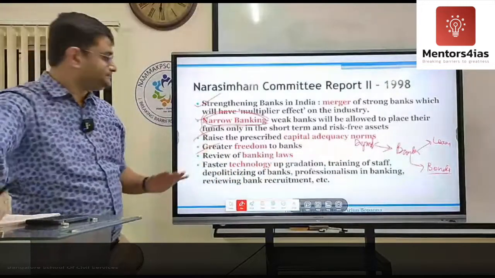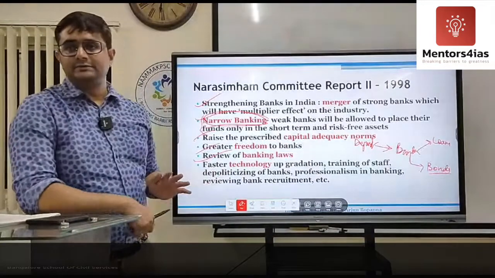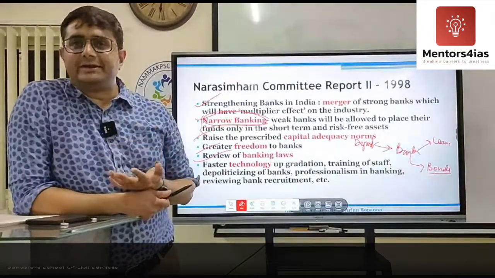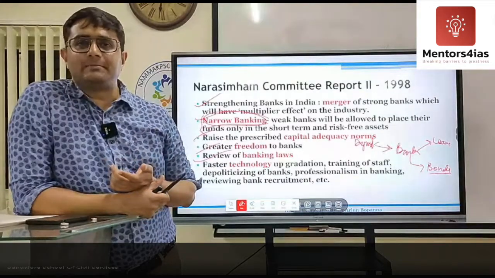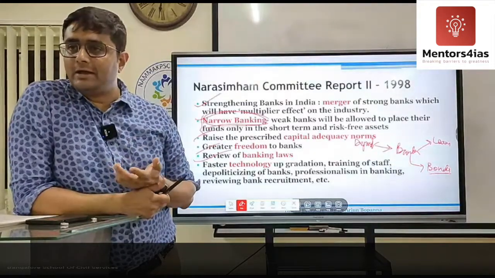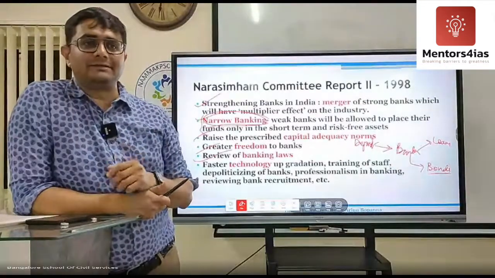Did you understand? Next, review banking laws to make it more effective. Okay, like recently banking law has been amended to give more power to RBI to control the banks, cooperative banks like that.